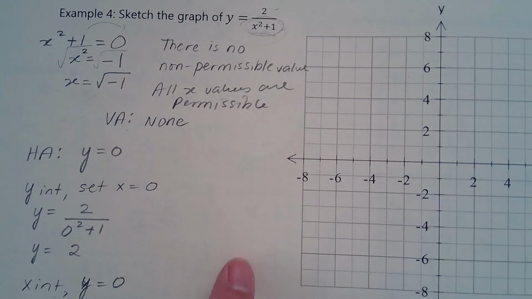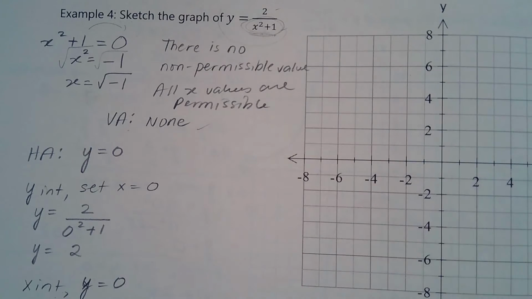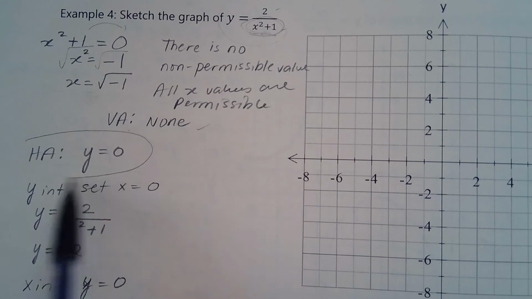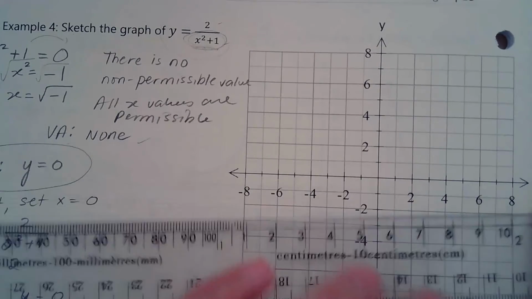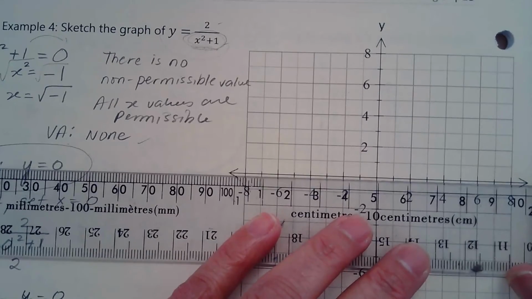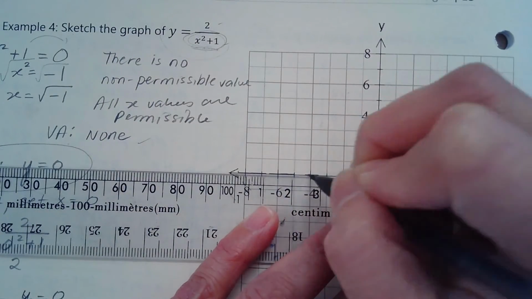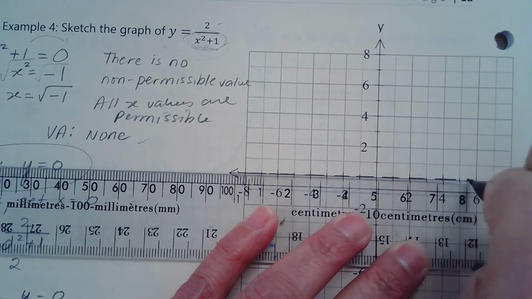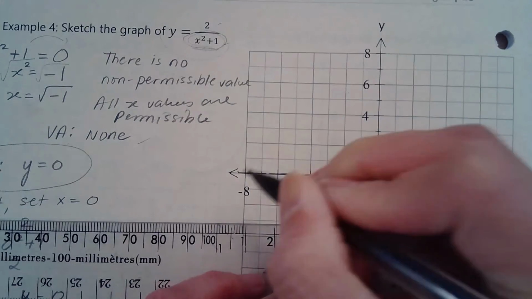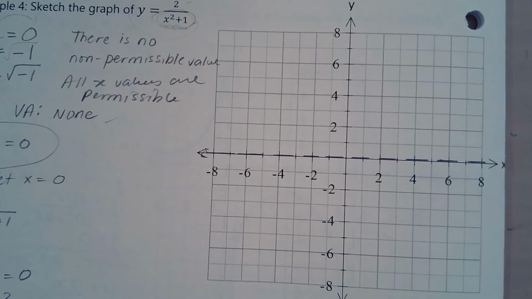Okay, so what do we have so far? No vertical asymptote to deal with, but there's a horizontal asymptote at y equals 0. So let's do that. Okay, so that's my y equals 0.